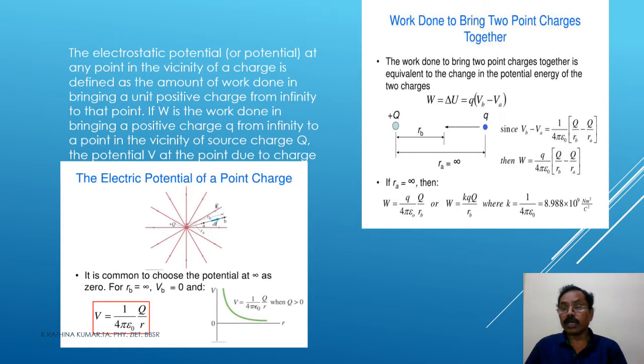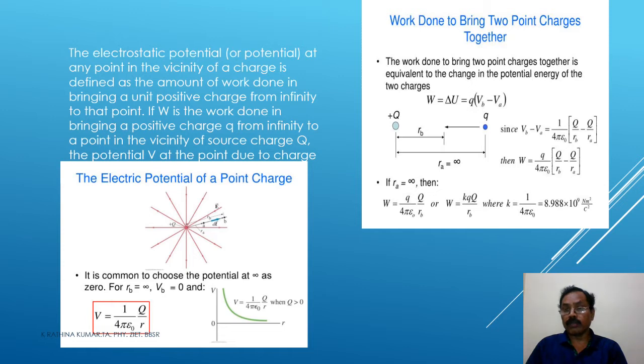At infinity the electric field will be 0. Therefore, if one of the distances is taken as infinity, then work done is equal to Q by 4 pi epsilon naught, capital Q by RB, that is the distance brought near to the source charge.